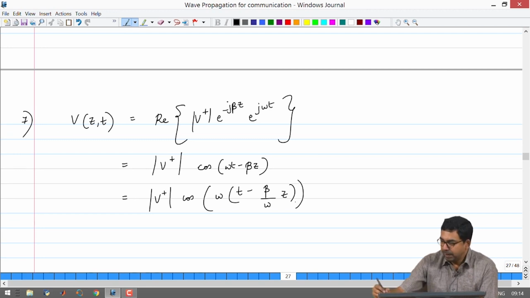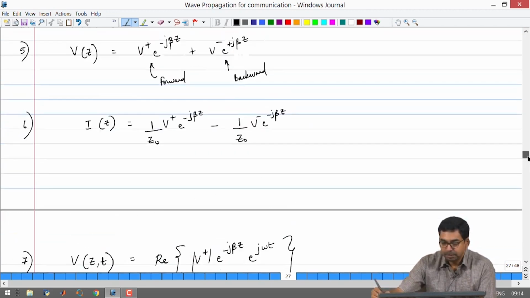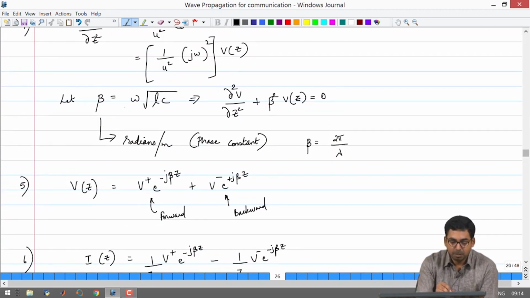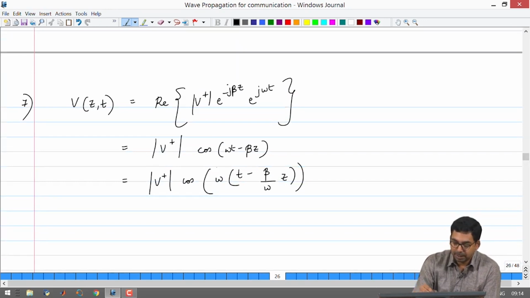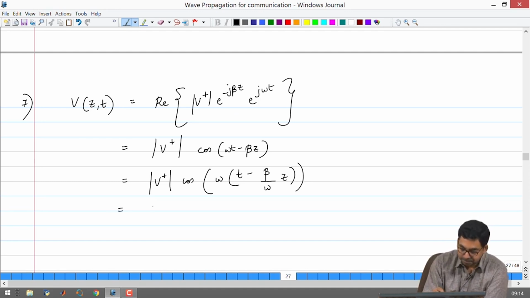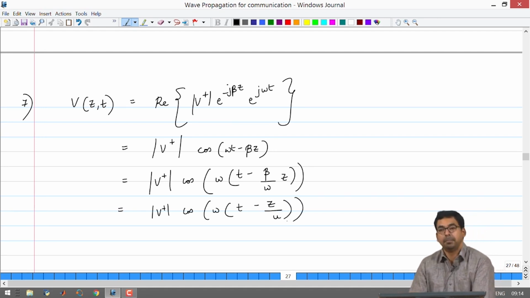Okay. The way we have defined beta, alright, it is omega square root LC. Okay. So, we can always go back and try to write down what this beta divided by omega will be, right. So, this will look like mod v plus cosine of omega t minus z divided by u, the velocity.